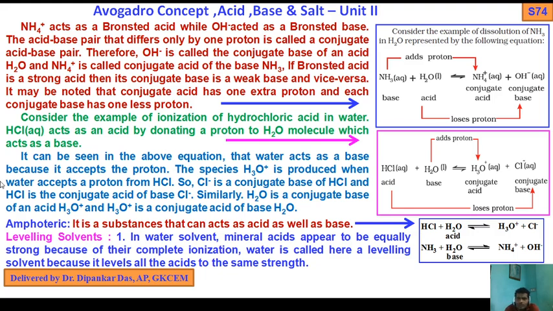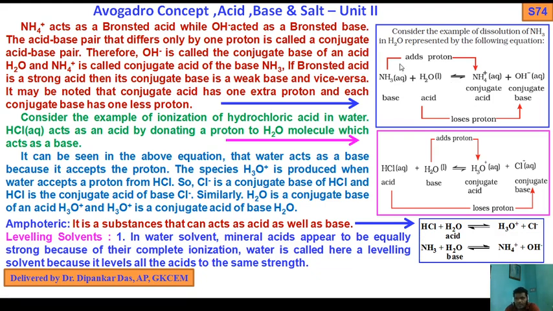Now consider the example of dissolution of ammonia in water represented by the following equation. Here ammonia in aqueous solution acts as a base, and water acts as an acid. What will happen? Ammonia becomes NH4 plus, the conjugate acid, and OH minus comes from water as the conjugate base.